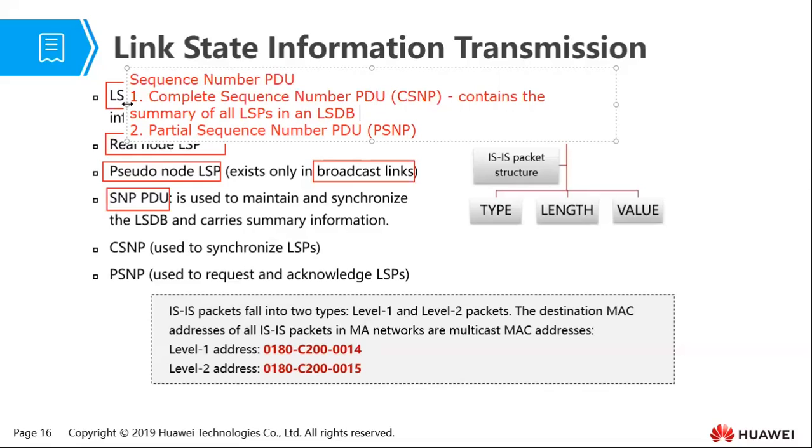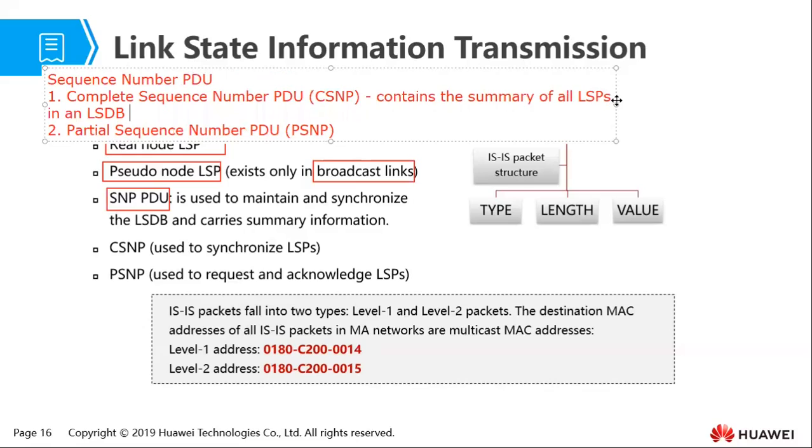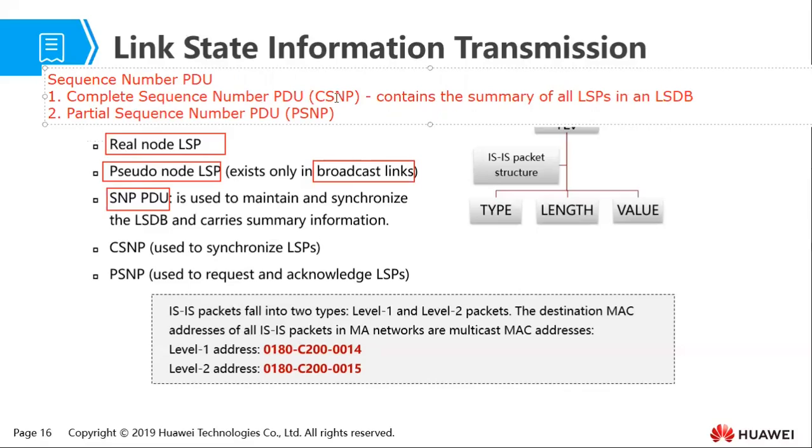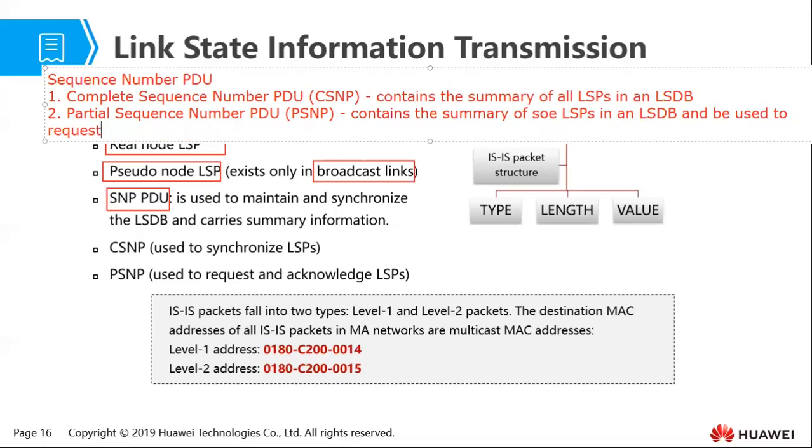So the entire summary, every location you know about. So that is what we call a complete sequence number. On the other hand, this one here contains the summary of some LSPs, so not all, some in an LSDB, and can be used to request and also acknowledge LSPs.